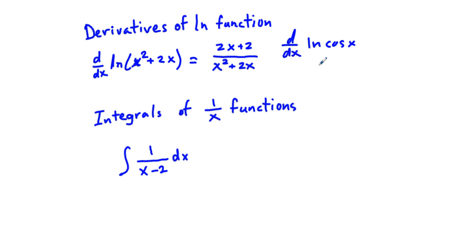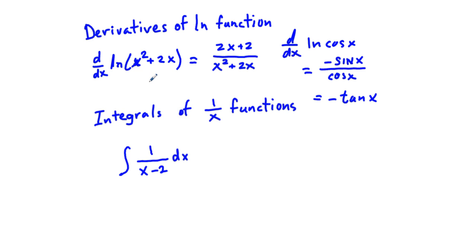What we would have is the derivative of cosine x, which is negative sine x, over the original, which is cosine x. And so this will simplify to negative tangent x. Okay, so that's what we're looking at.